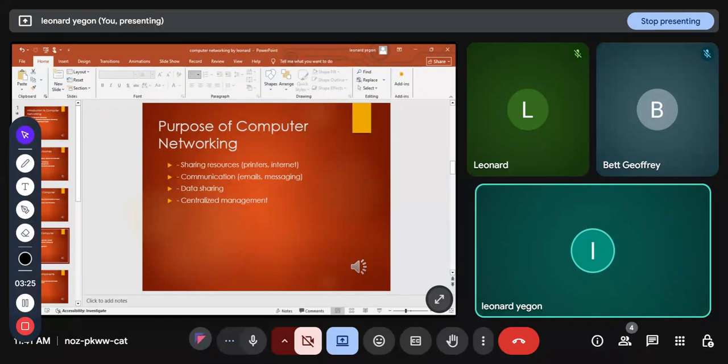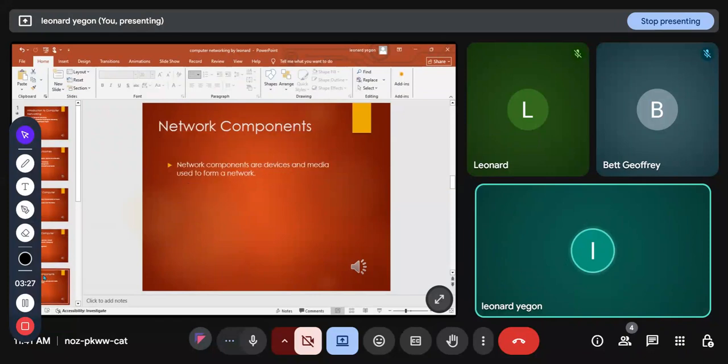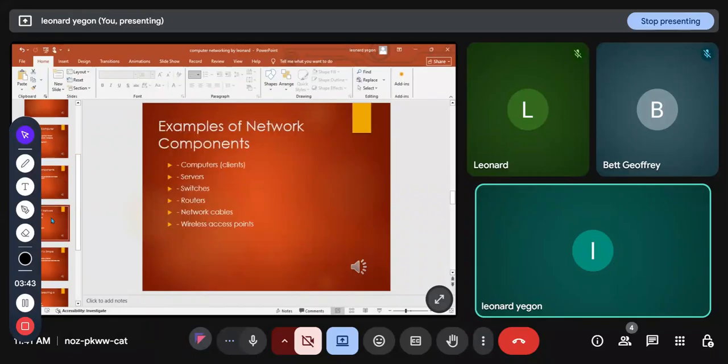Now, let us see network components. When we talk about network components, we have the devices and media used to form a network.